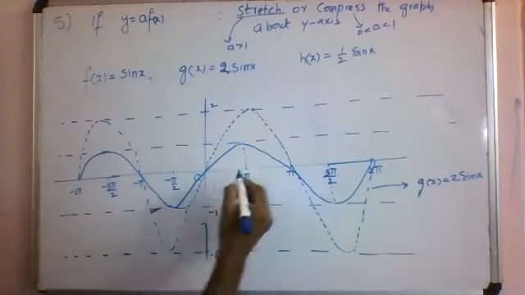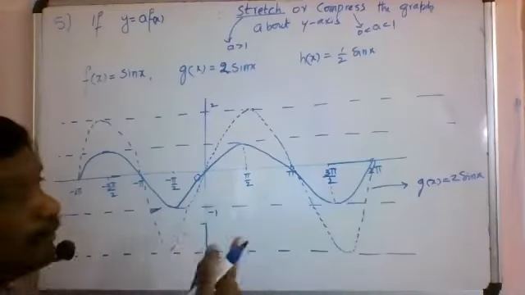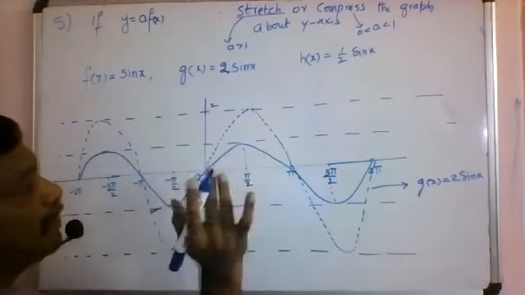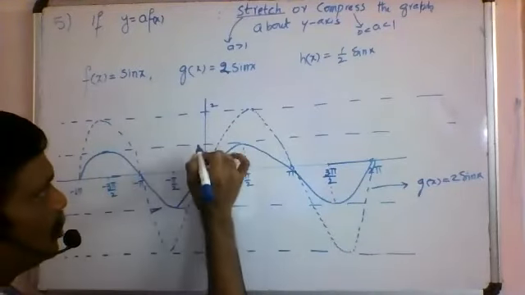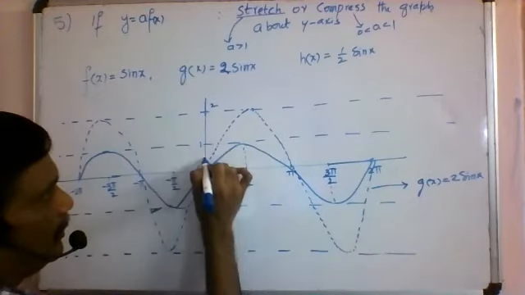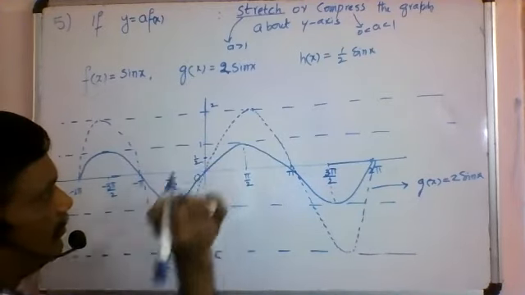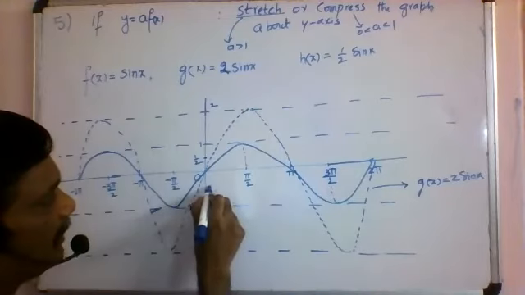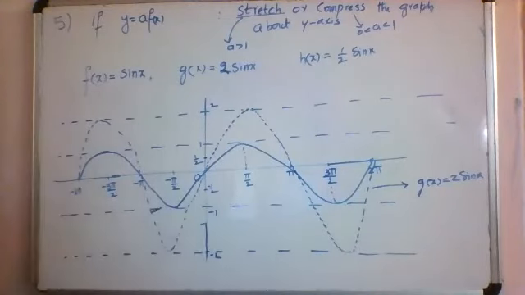At pi by 2, you have to look at the points at maximum and minimum only. Clearly this is 2, this is 1. Your 1 half will be somewhere here, and minus half will be somewhere here. Right?